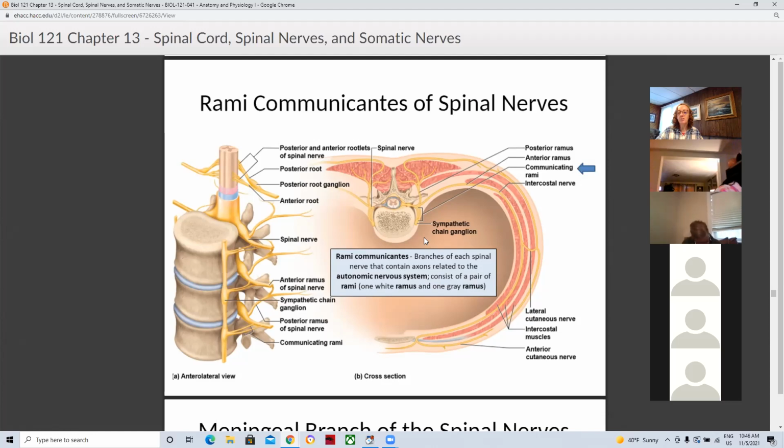Each pair of rami consists of one white ramus and one gray ramus.